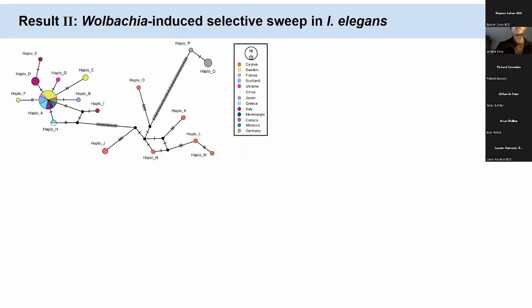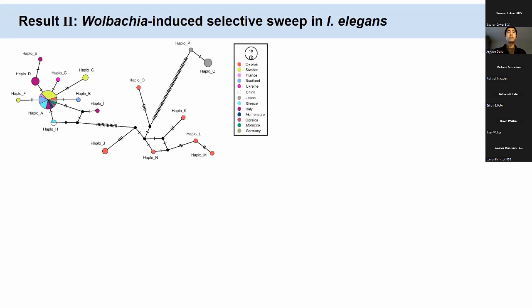So what about the genetic diversity? How does Wolbachia infection affect the genetic diversity? This is a haplotype network. A haplotype is basically a combination of a set of genotypes.